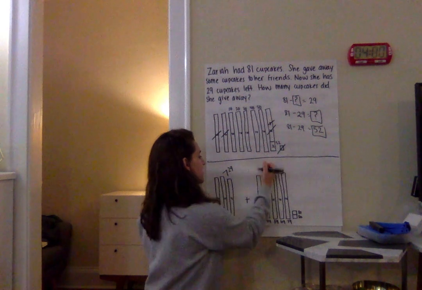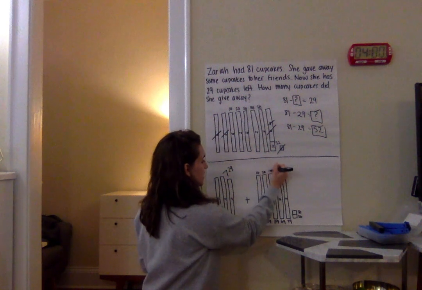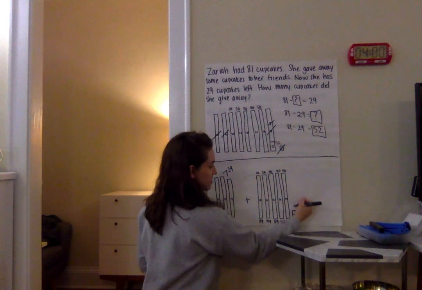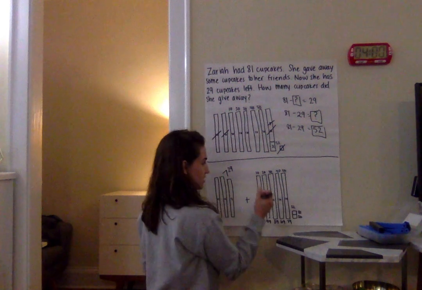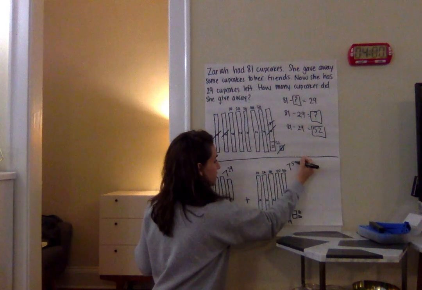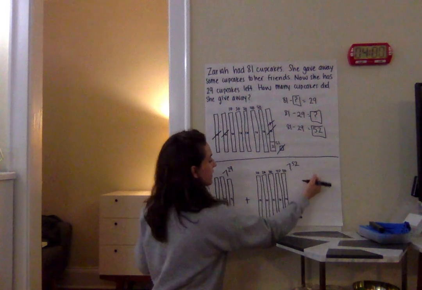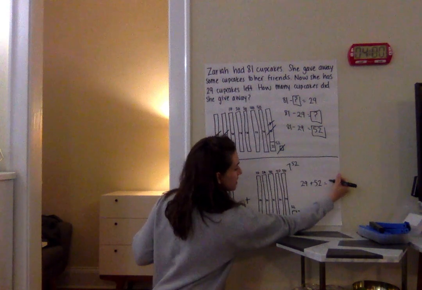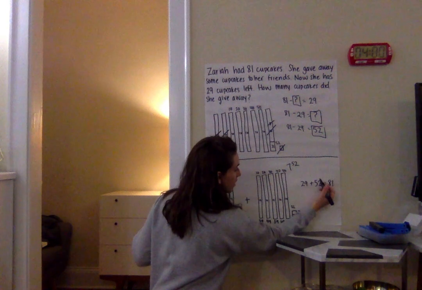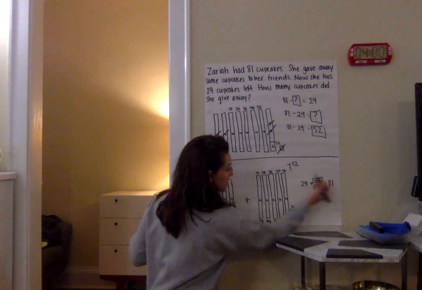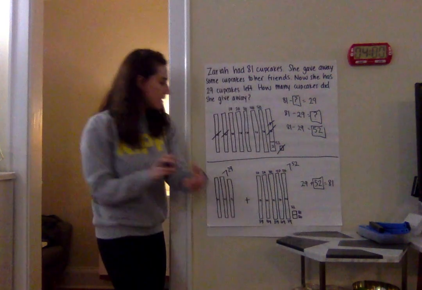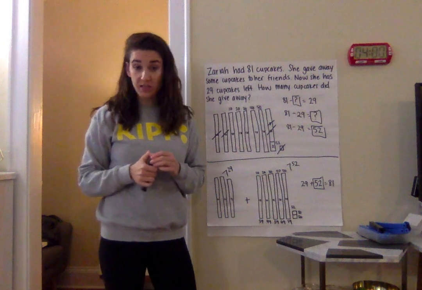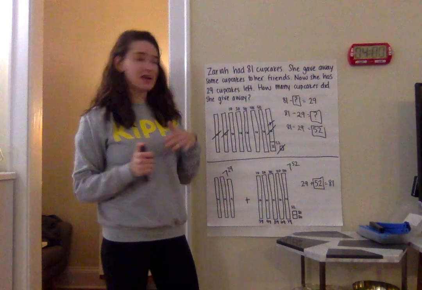So that means I added 10, 20, 30, 40, 50, 52. That was 52 cubes in total. So I know that 29 plus 52 equals 81. And this was my missing number.